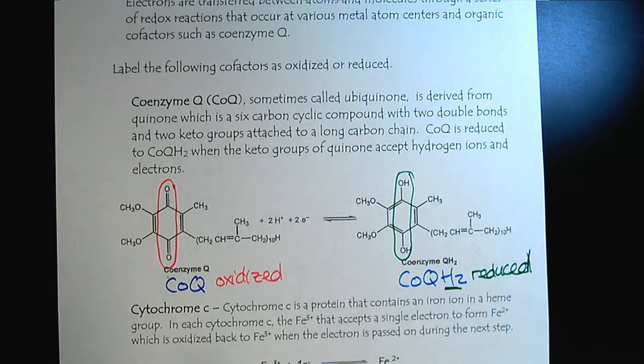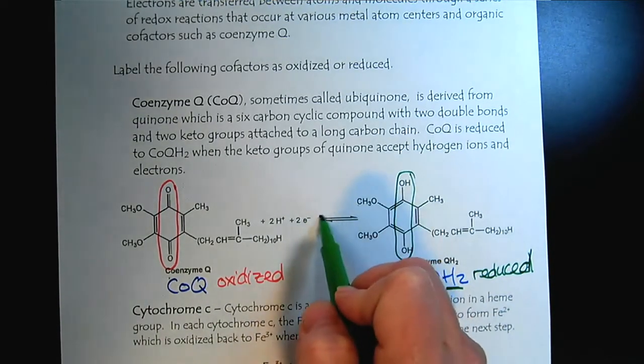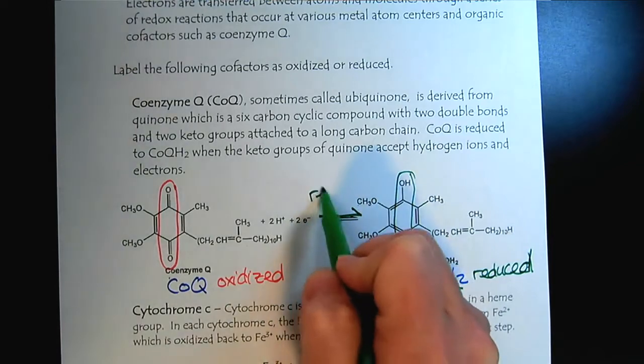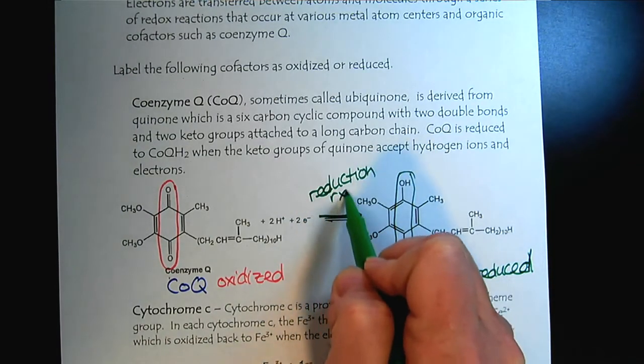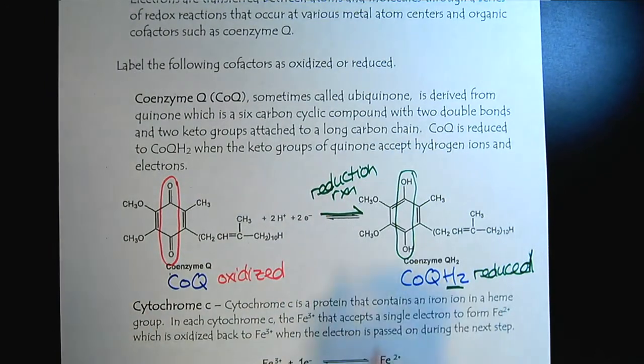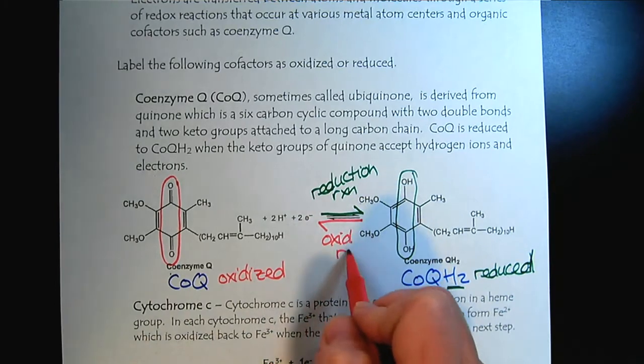So then we could look at our reaction arrows here, and we could say that the forward reaction is the reduction reaction, and the reverse reaction then, of course, is the oxidation reaction.